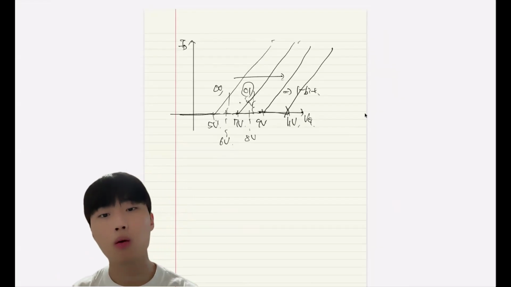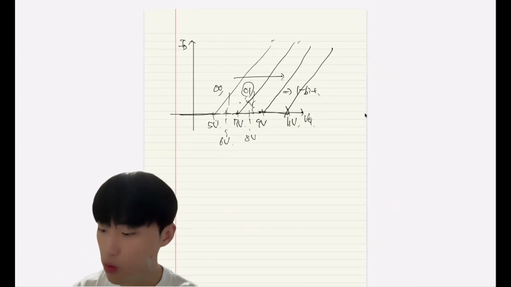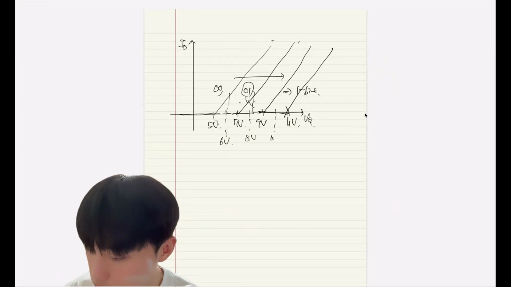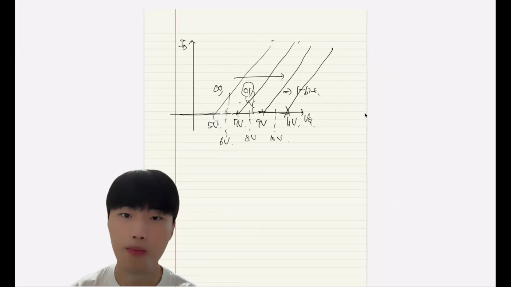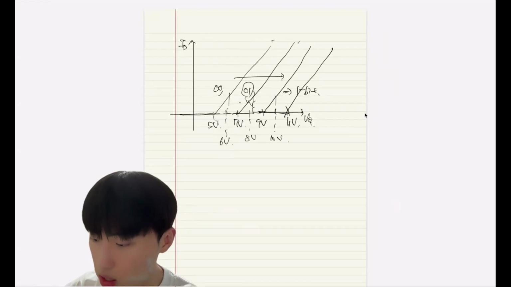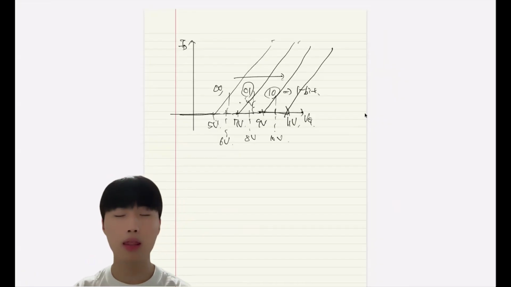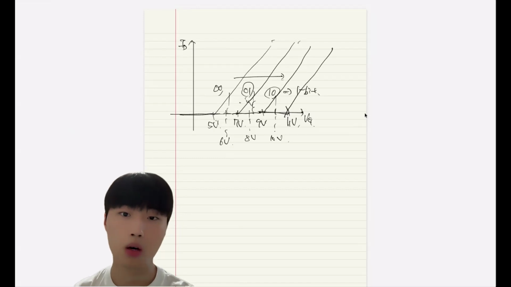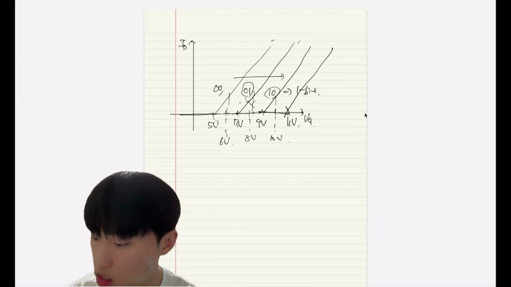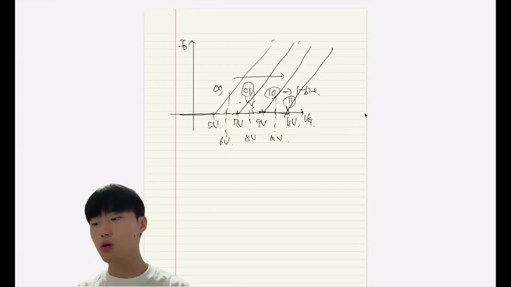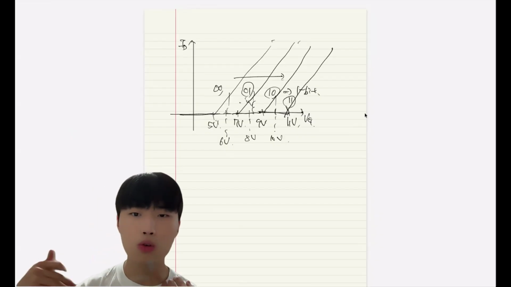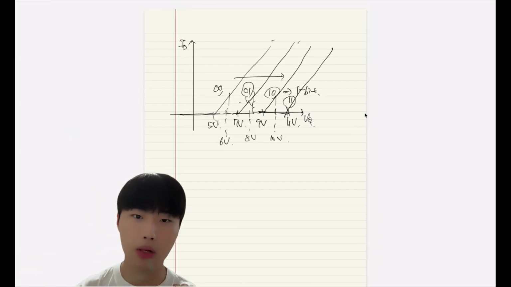But when there is no current flowing, we apply some 10 volt on the gate side, and when there is current flowing, it will be 1, 0. And when there is no current flowing in the transistor, we can say this is 1, 1.